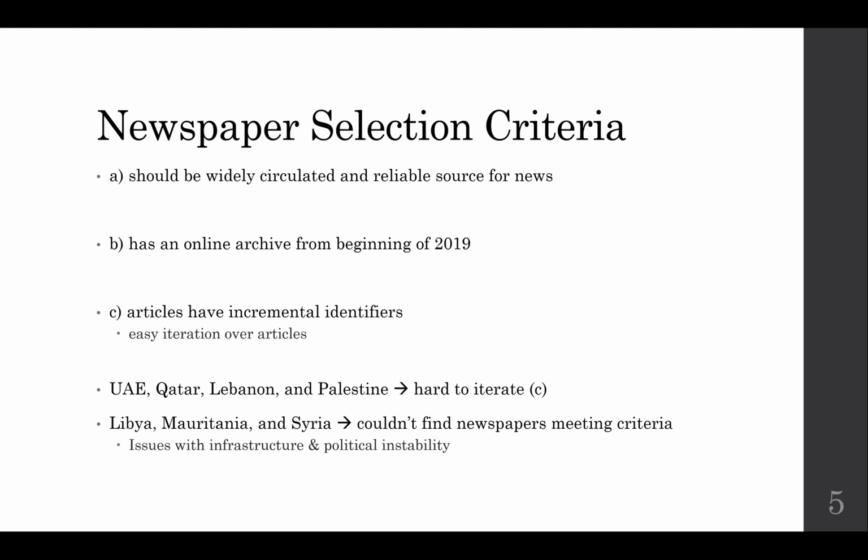Third one, articles should have incremental identifiers, so we can just increase the ID in order to retrieve the next article. For these countries, UAE, Qatar, Lebanon, Palestine, it was hard to find such newspapers that meet the third criterion. For other countries, Libya, Mauritania, and Syria, we couldn't find newspapers meeting any of these criteria, maybe due to issues with infrastructure or instability.